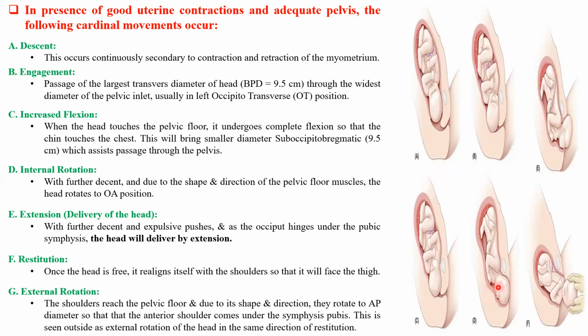Once the head reaches the pelvic floor muscles, due to the shape and the direction of the pelvic floor muscle, the head rotates into the occipito-anterior position. This is called internal rotation. The occiput will hinge below the symphysis pubis, and the head will be delivered by extension. And as we said before, extension only in occipito-anterior position. Any other position, any other malpresentation, the head will be delivered by flexion.